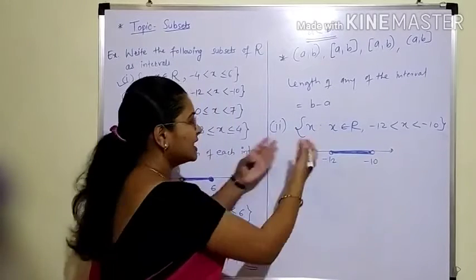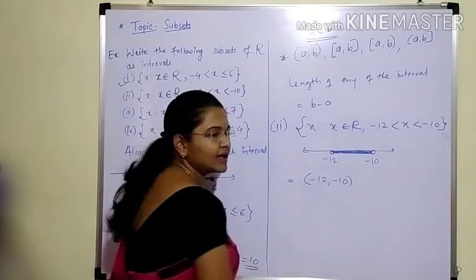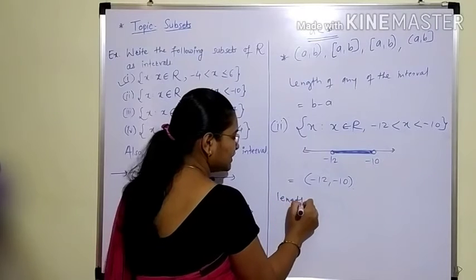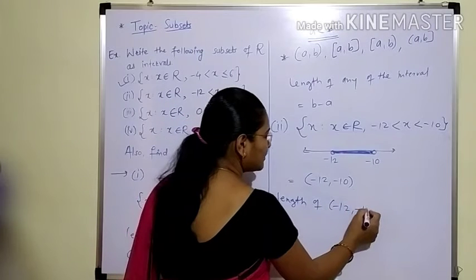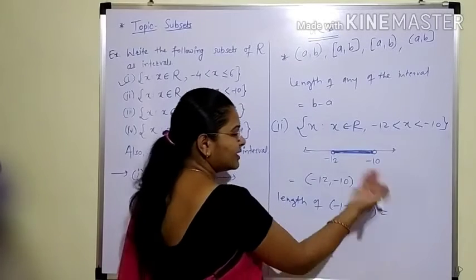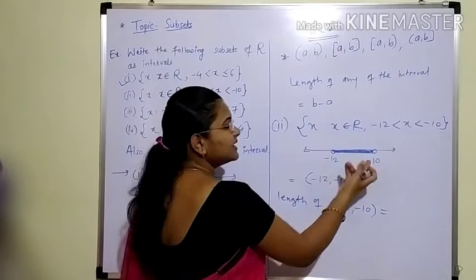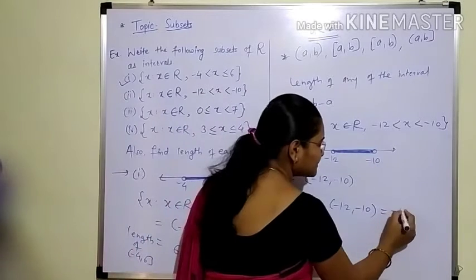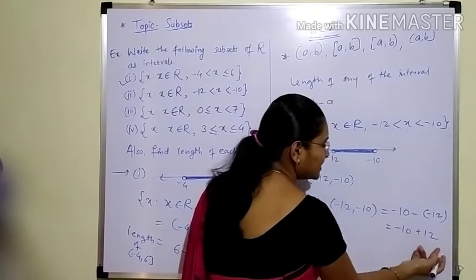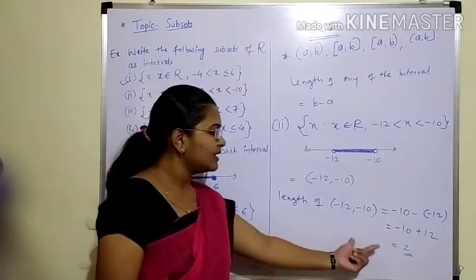Understood? So this set is nothing but the open interval (-12, -10). Now to find the length of this interval, length of (-12, -10) is equal to, see students, from the end point we are subtracting the starting point. Here it is clear the distance between them is 2, but we'll solve by the formula, that is -10 minus (-12), that is -10 plus 12, 12 minus 10 is equal to 2. So the length of this interval is 2.